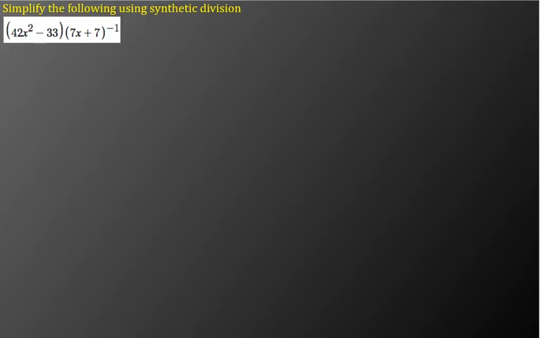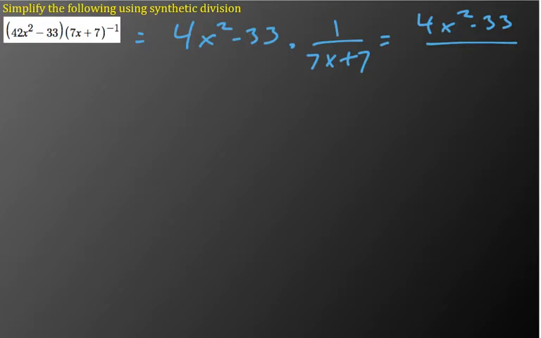So really this is a shortcut way to write 4x squared minus 33 and then times 1 over 7x plus 7, or just 4x squared minus 33 divided by 7x plus 7.